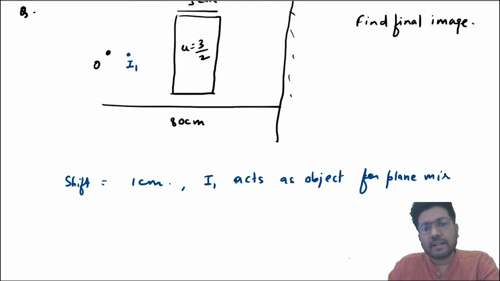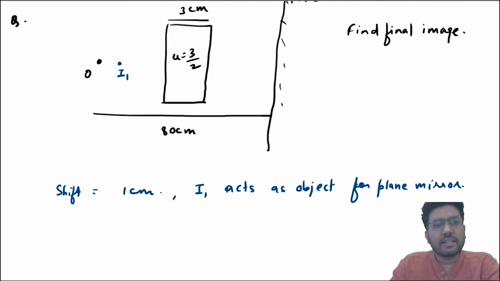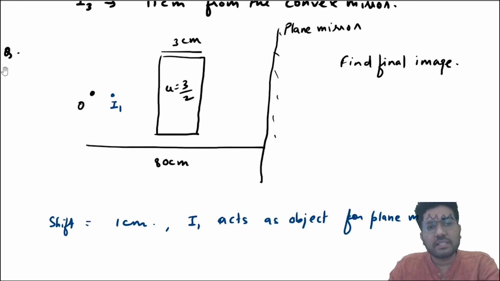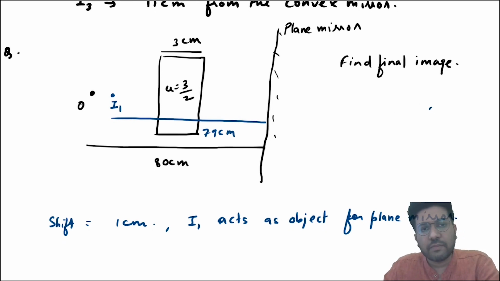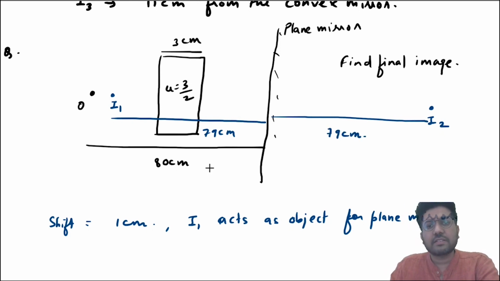From this you know that object distance is equal to image distance in a plane mirror. So this distance is 79 centimeter. So the image I2 will be formed at a distance of 79 centimeter, right? But now this I2 acts as object for the slab.